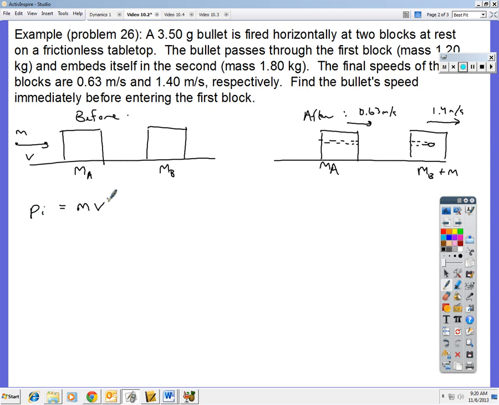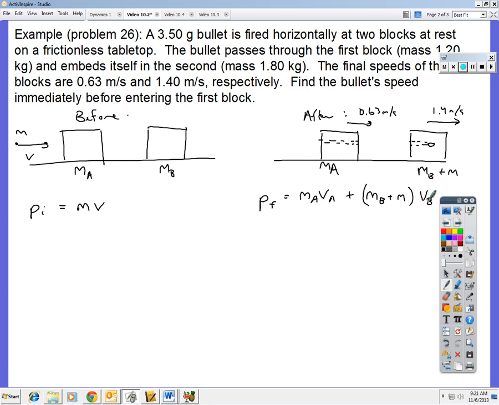Neither block is moving initially, so they have no momentum. Afterwards, the final momentum of the system is the mass of block A times its velocity, plus the mass of block B and the bullet, times their velocity. Because they're both moving the same direction, we add them.